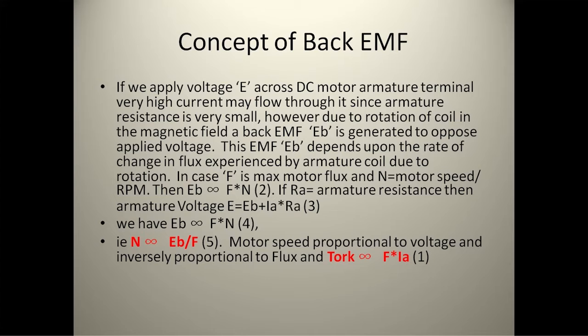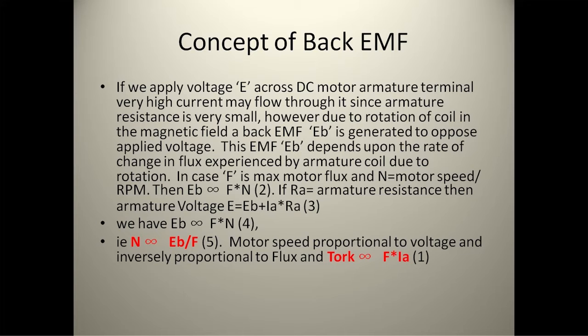Concept of back EMF. If we apply voltage E across DC motor armature terminal, very high current may flow through it. However, due to rotation of coil in the magnetic field, a back EMF, EB, is generated to oppose applied voltage. This EMF, EB, depends upon the rate of change in flux experienced by armature coil due to rotation.